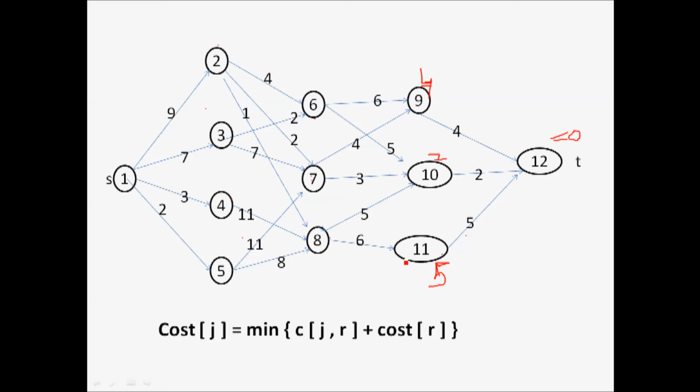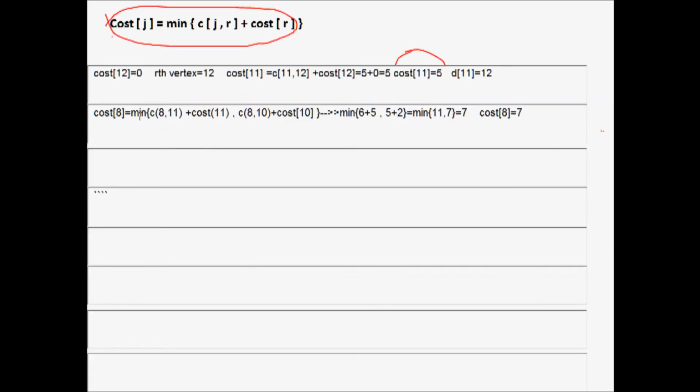That is, we choose r equal to 10 for the first case and r equal to 11 for the second case. So we have to calculate the minimum between the two, including the cost of that particular r, which is cost of 11 and cost of 10, as per the algorithm. And now our answer is equal to 7.